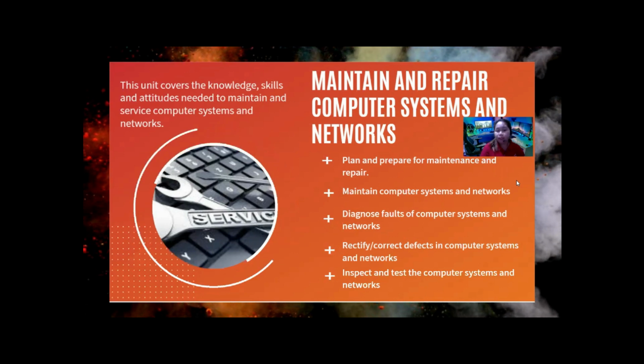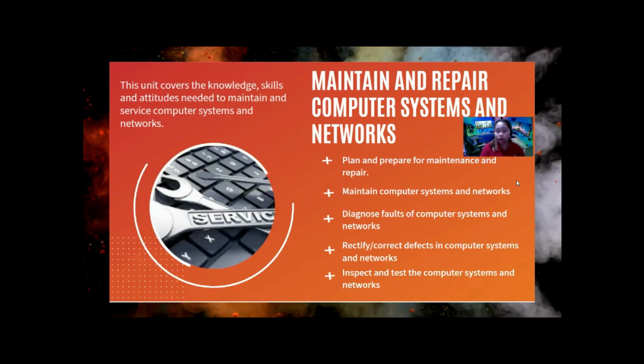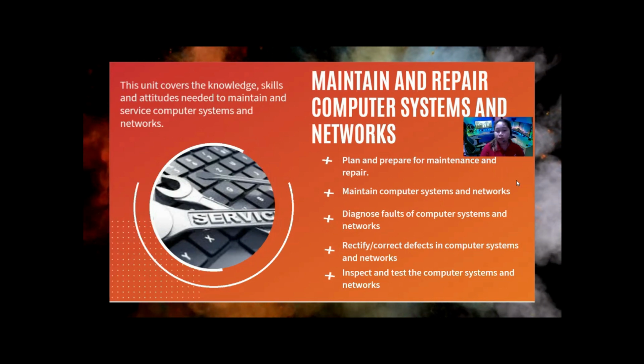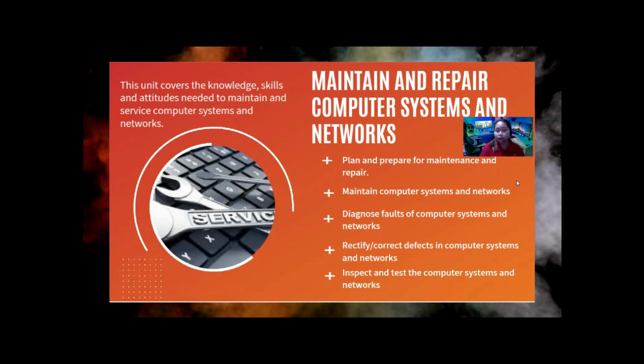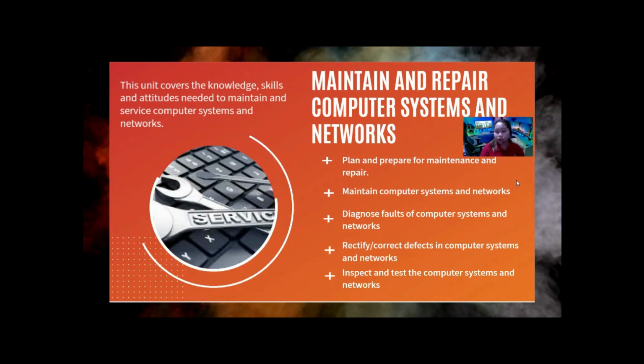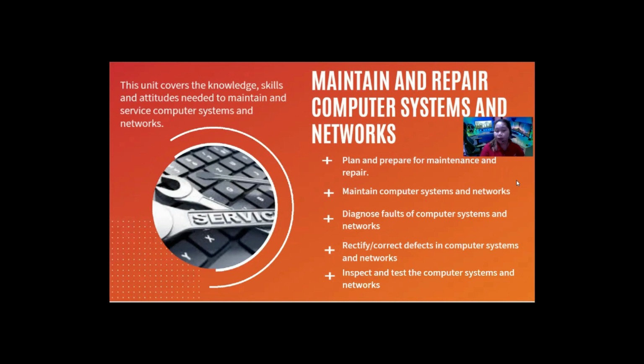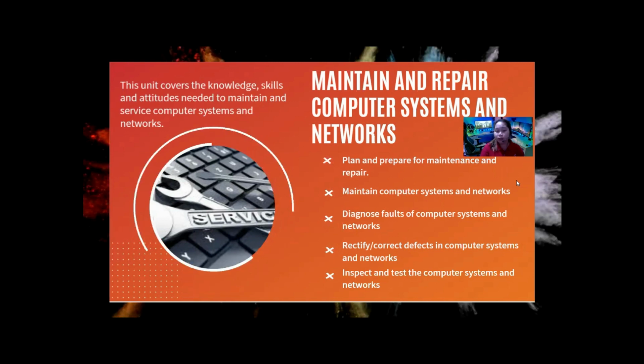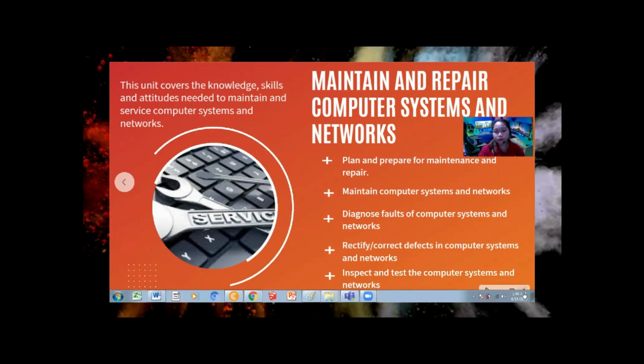Second, maintain computer systems and networks. Third, diagnose faults of computer systems and networks. Fourth, rectify or correct defects in computer systems and networks. Fifth, inspect and test the computer systems and networks. So that would be all for the introduction of the core competencies under computer system servicing.